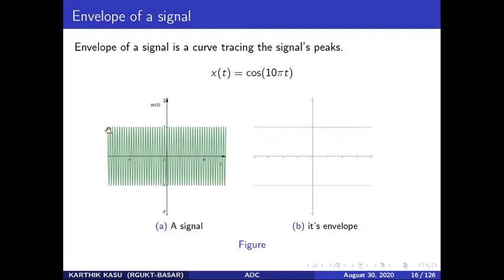If you join all the peaks of this signal, only the peaks, what do you get? You get a constant signal, that is 1. This constant signal 1 is the envelope of this signal.